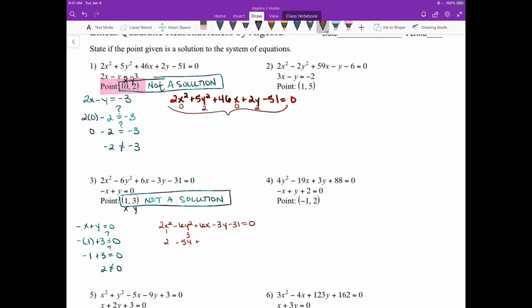And then we would have plus 6 minus 9. And then we'd have minus 31. Would that be equal to 0? So that would be up to you to figure out after substituting these values in for x and y into each of your quadratic linear systems.